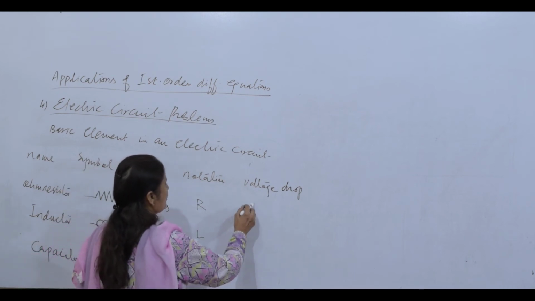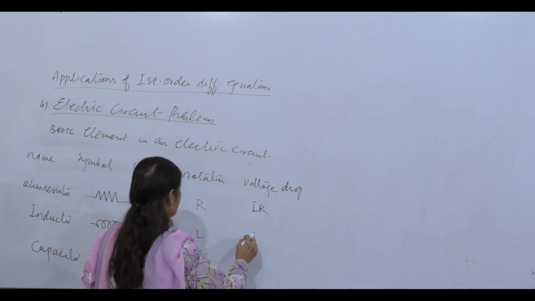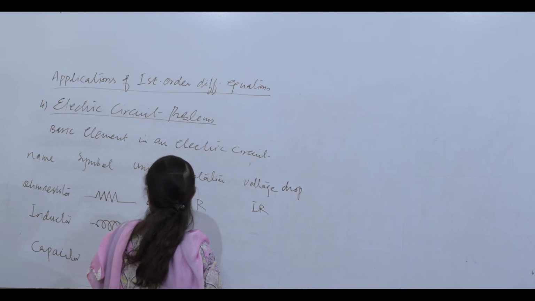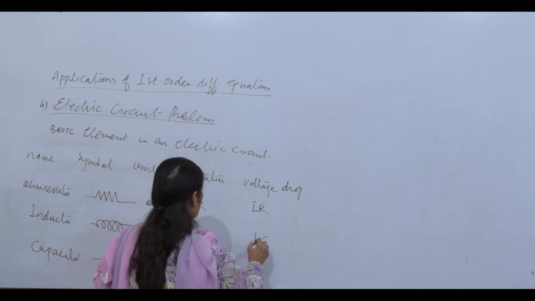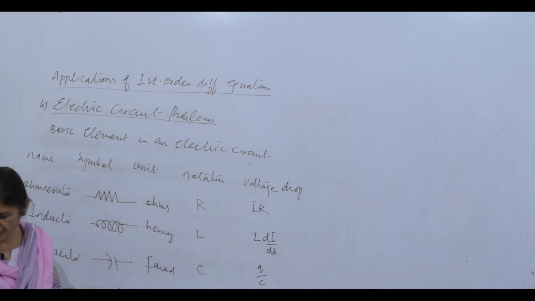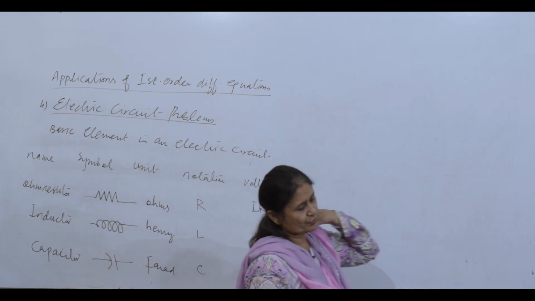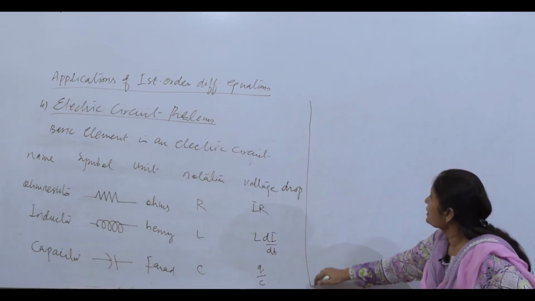Voltage drop: for the resistor, V is equal to IR. For the inductor, the voltage drop is L di by dt. And for the capacitor, it is Q by C. So this is going to be the voltage drop and the notation.